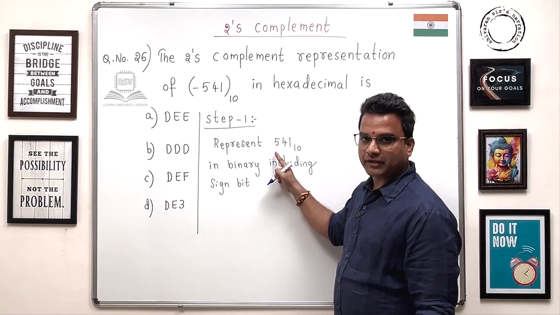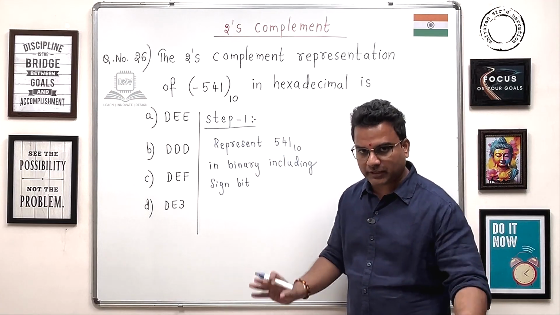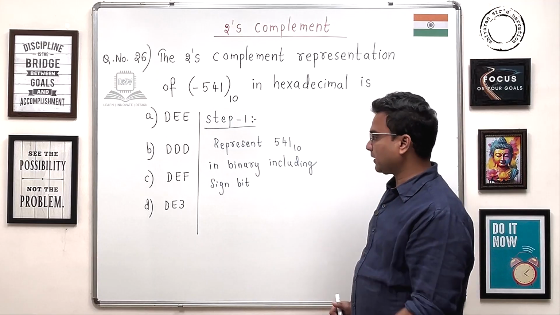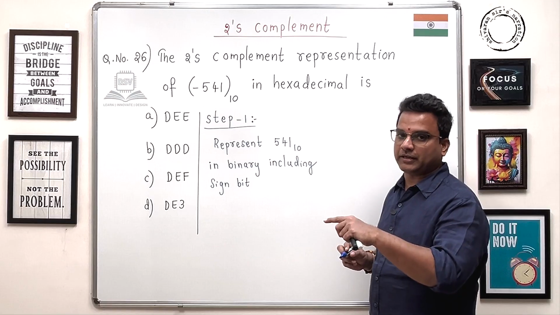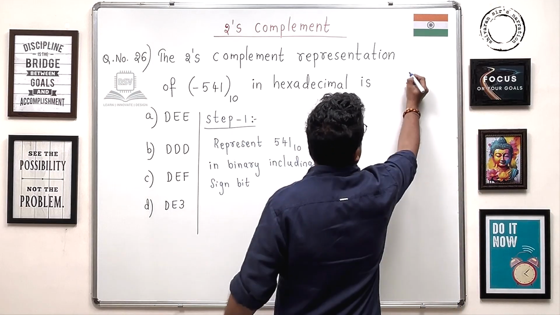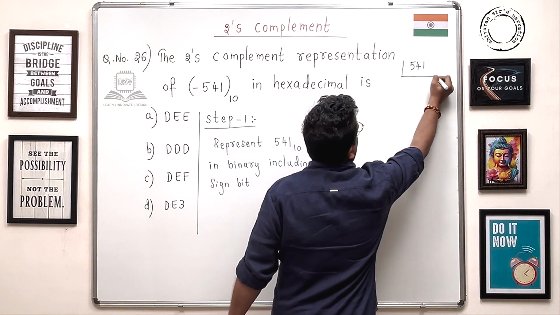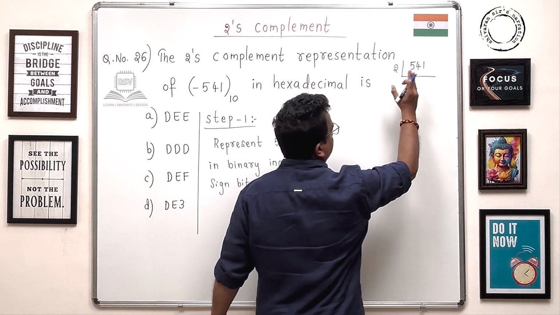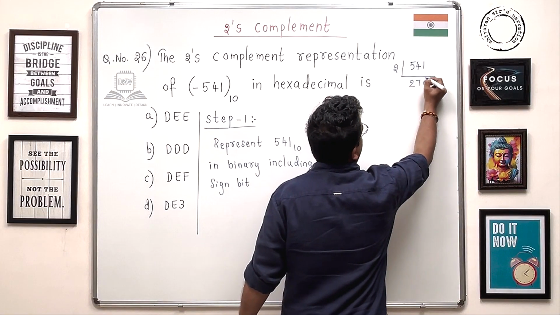Here it is 541. In step 1 we take the positive number only. Hence first of all we want 541 in binary. Let's start. This is 541. If you convert it into binary, it is like this.